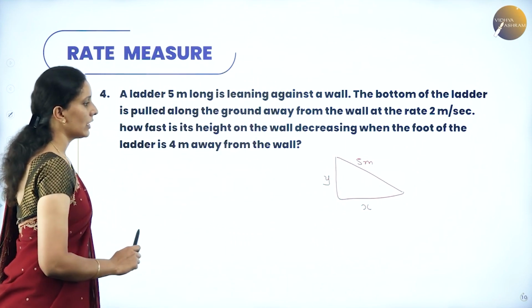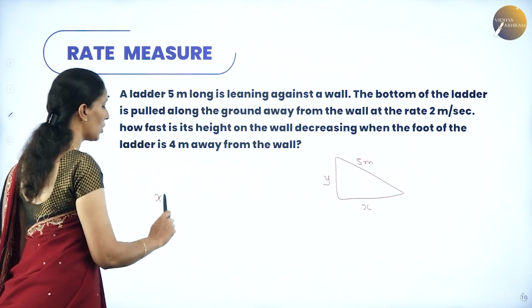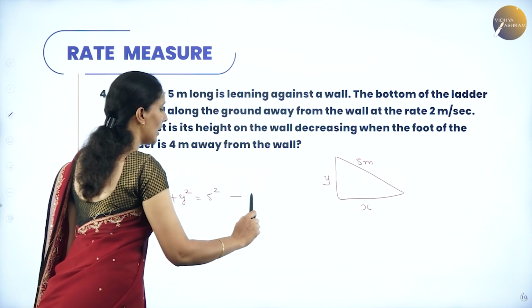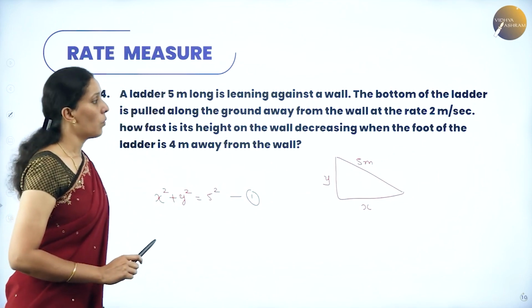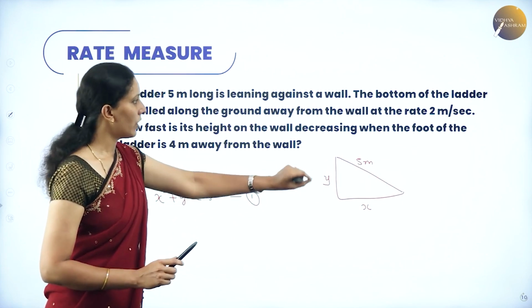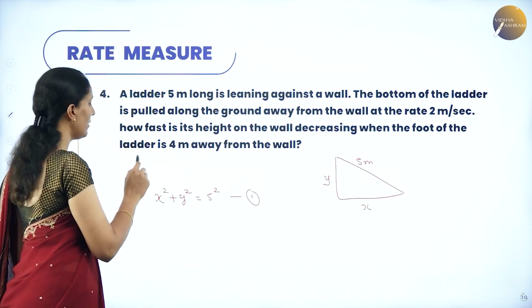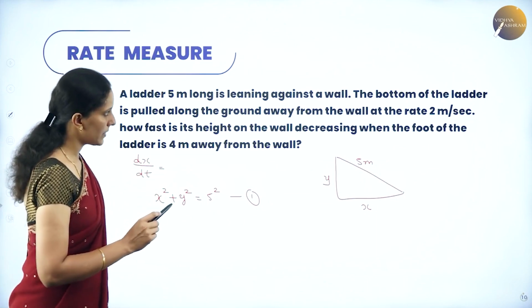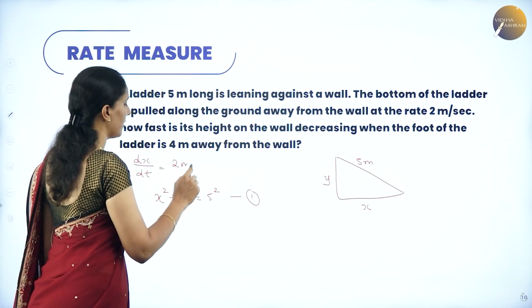Now again using the same formula, we get the equation x square plus y square is equal to 5 square. Let me take it as equation 1. What is given here? The rate at which the ladder moves away from the wall, that is dx by dt, is given as 2 meter per second.